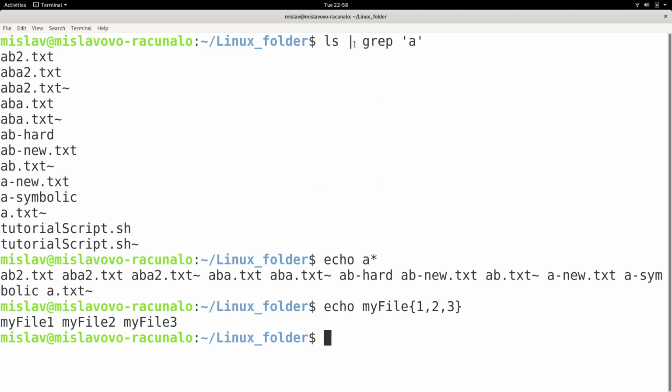So my frequency of usage goes first pipelines, then input-output redirection, then I would say regular expressions, then shell globbing, and brace expansions I basically never used. Okay, but again, those are concepts important to be aware of if you ever need them, so that you understand that they exist.